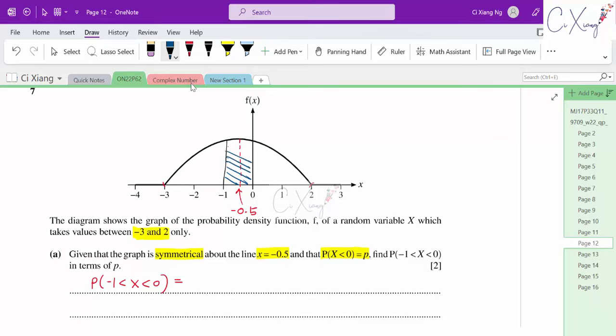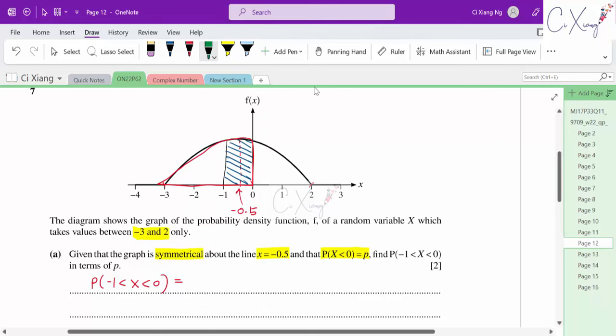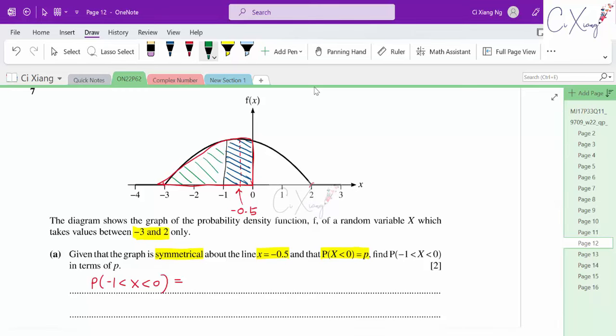So to find out this area for a continuous random variable question, we can take the probability that x is smaller than 0, which is this red color one, minus the green color part. If I take the red color area for the whole part minus the green color area, then I will get the area that I want.